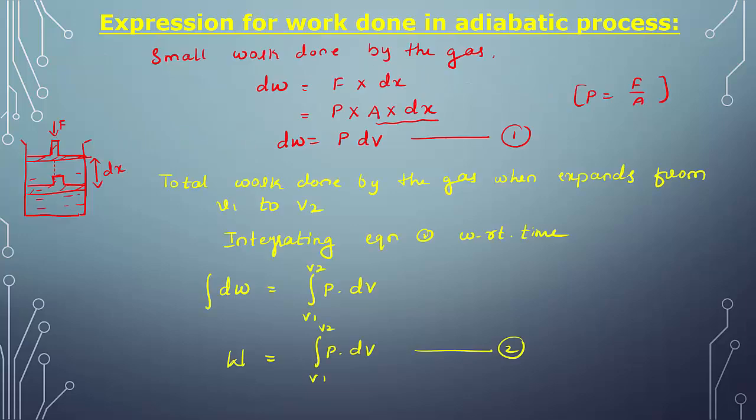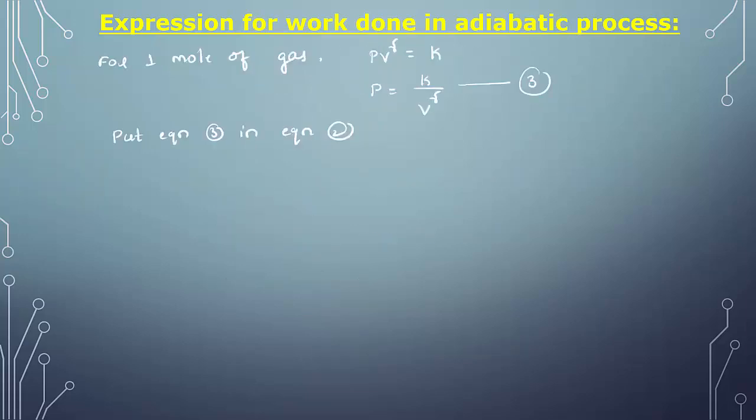So what is equation 2? Observe here. Total work done W equal to integration of P into dV. So I am going to write equation 2 once again. W equal to integration of P into dV from the limit V1 to V2. Substitute here: W equal to integration of, in place of P I can write K divided by V raised to gamma, into dV from the limit V1 to V2.